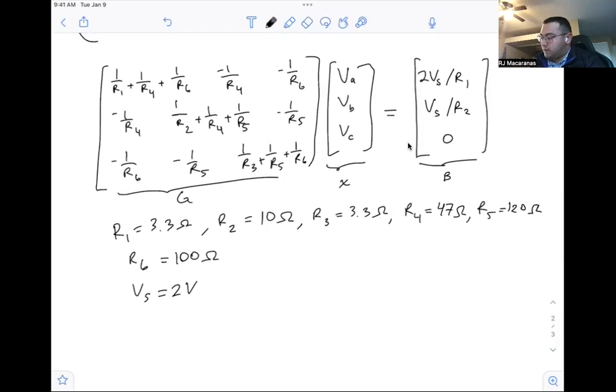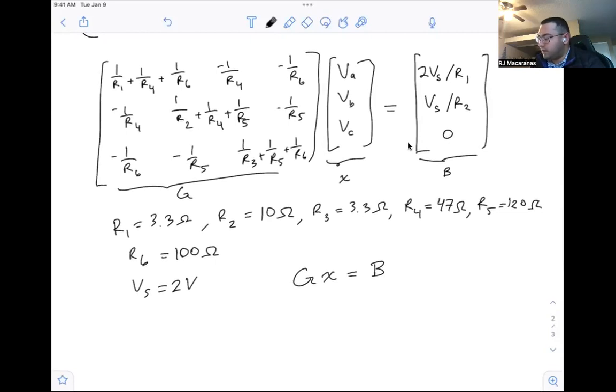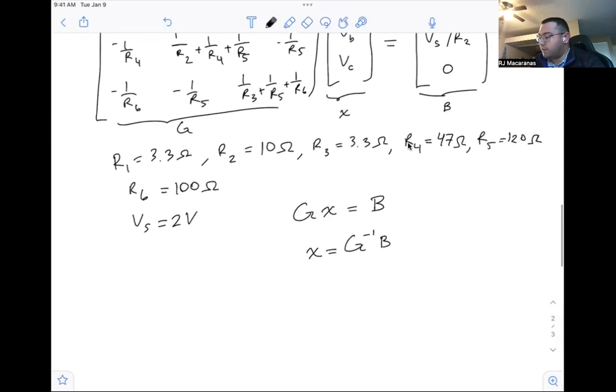So we've got G times x is equal to b, and assuming that G is invertible, x is going to be G inverse times b by our wonderful properties of linear algebra. And in MATLAB, we can take x equals inv G times b, using the built-in function inv, which takes the inverse of a matrix.